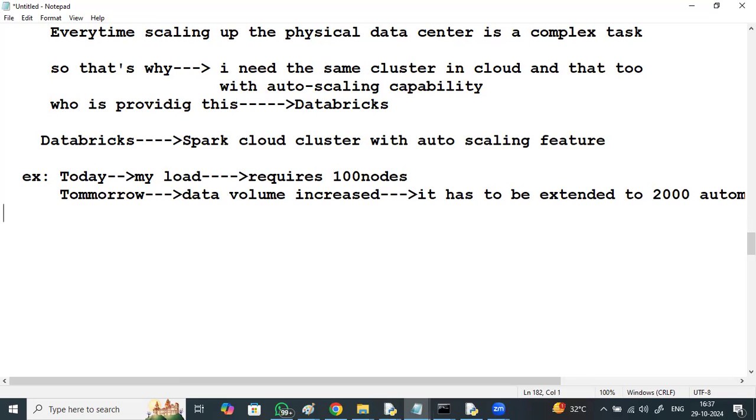Tomorrow data volume increased. It has to be extended to 200 automatically, right? Yes.